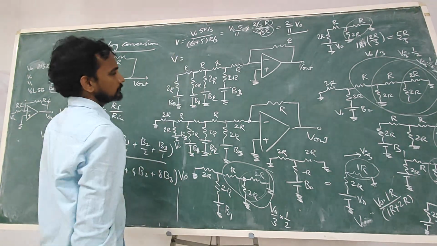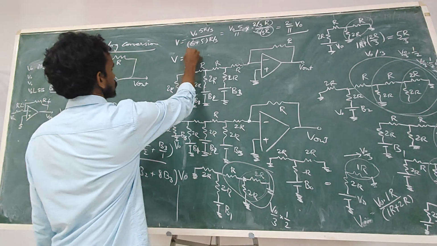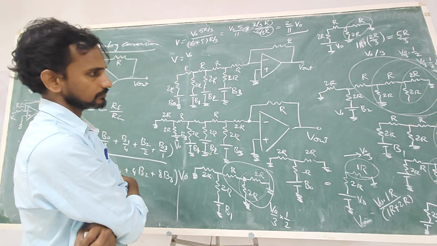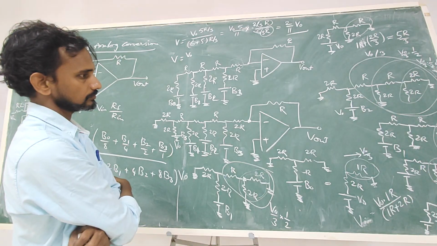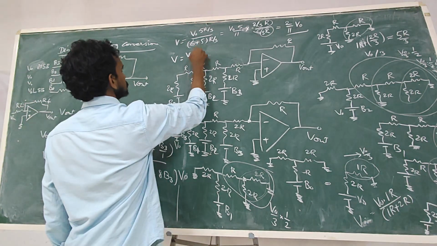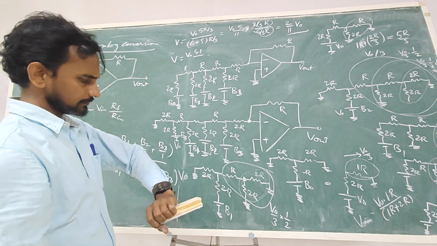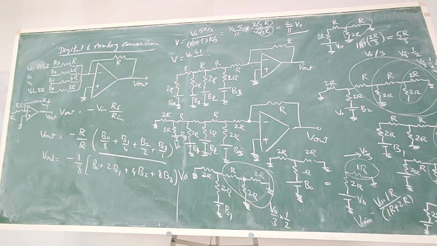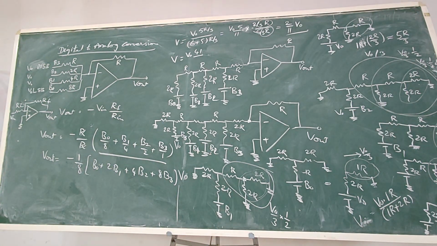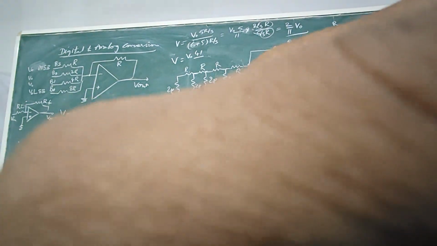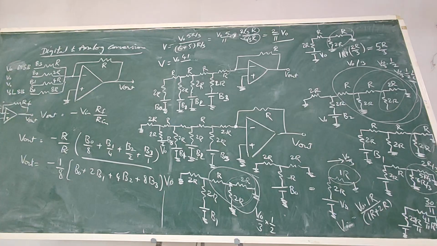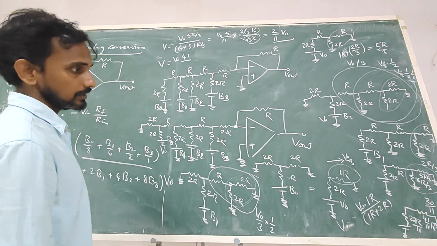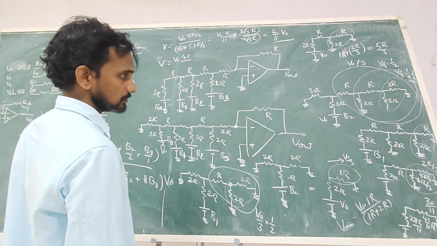So V is equal to V naught times 41 by 63.